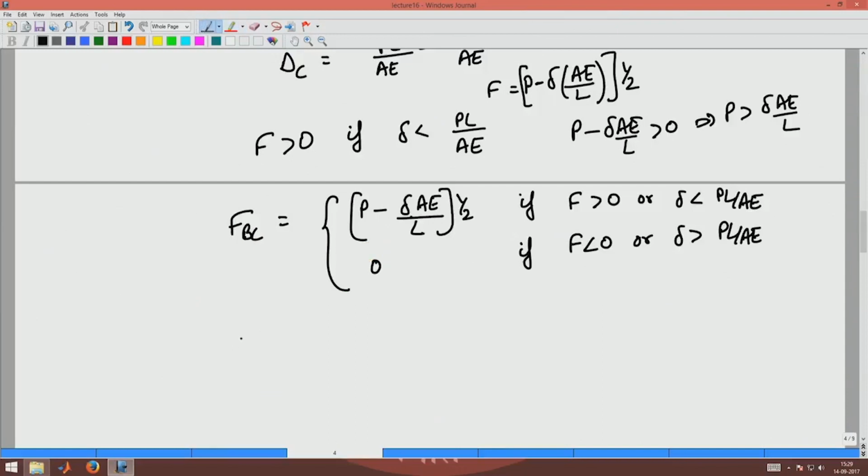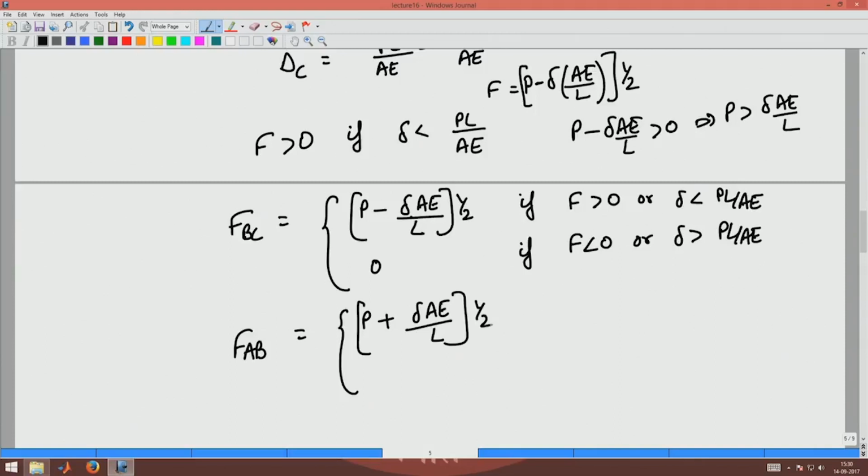Okay. Similarly, FAB would be P minus F, so it will be P plus delta AE by L into 1 half if delta is less than PL by AE, and it will be P if delta is greater than PL by AE.